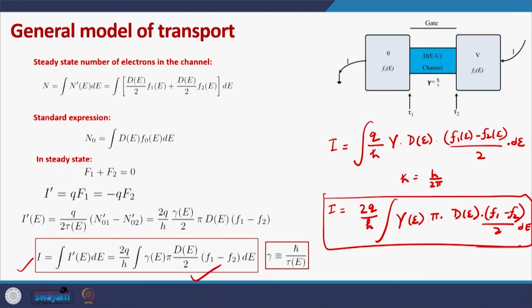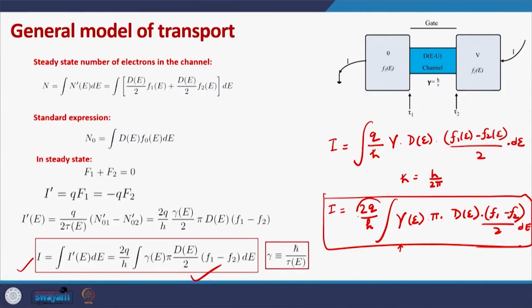So, we need to properly understand this equation. In fact, I would suggest you do not need to explicitly remember this final expression. If you do the derivation yourself, you will understand it clearly and you will not forget it. So, this equation has a constant term which involves fundamental constants. One is the charge of the electron, second is the Planck constant.